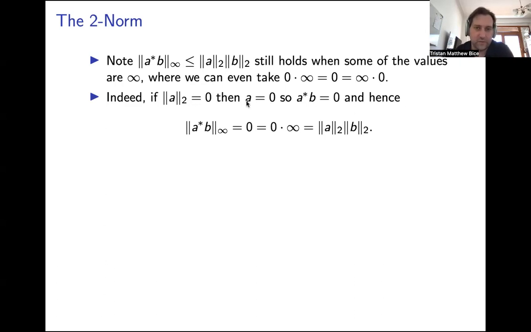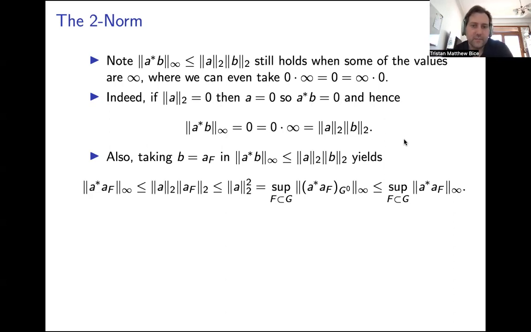All the values at every single element of your groupoid, if you apply A, you should always get 0 within that fiber. So that's fairly easy to verify. Once you're taking sums, remember you're taking sums over essentially all elements in the groupoid, so the only way you could end up with a two norm of 0 is if A was already 0. And if A is already 0, then A star is 0, and so A star B is also going to be 0. So therefore, the infinity norm of that is again going to be 0.